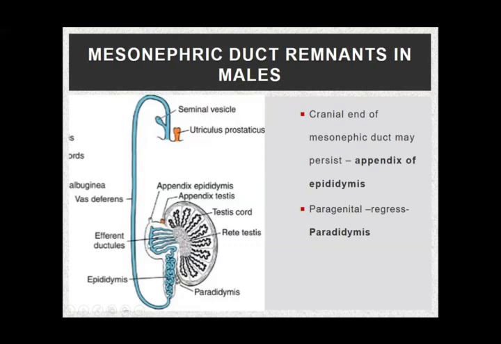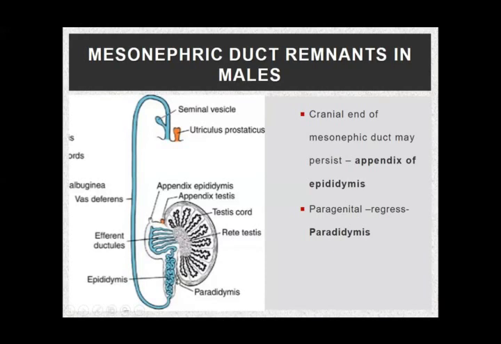And I also told you that the tubules of the mesonephric duct in the cranial part, those tubules that were opposite the hilum of the testes, they develop into efferent tubules. However, the tubules on the inferior aspect of the testes, इनको हम paragenital tubules कहते थे.